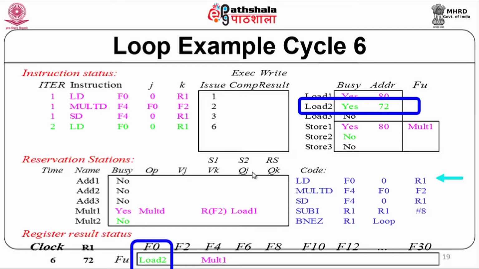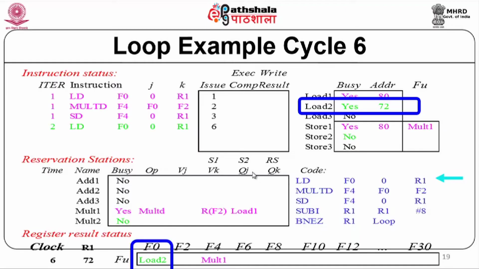So, it does a dynamic unrolling of the loop, and we have to go and fetch the next load instruction. Based on the branch predictor, the next load instruction would have already been fetched, and we issue the load instruction of the second iteration.